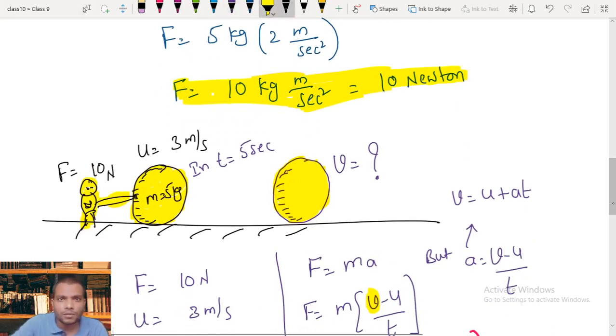The final velocity here I got is 13 meter per second. So this is how we should solve the problem.